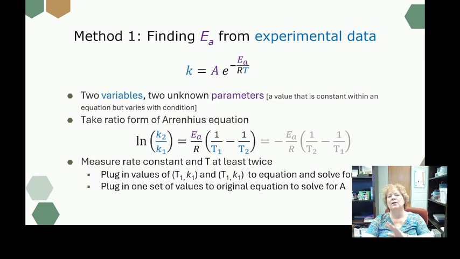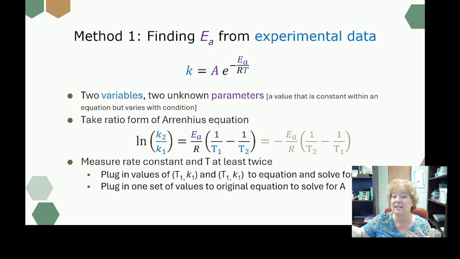All right, so how can I use this to use experimental data to find the activation energy? This activation energy is a big deal. Big deal in biochemistry, mechanisms, and understanding what's going on. This is very useful in thinking about what's going on with reactants. So I want to find the activation energy. How can I find it from experimental data? Well, I know that the activation energy and the temperature are related to the rate constant.